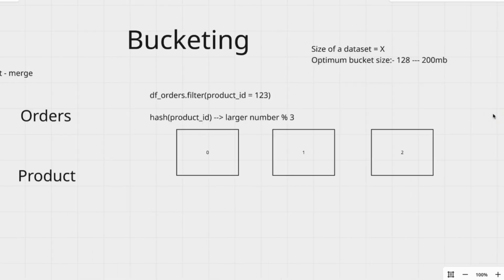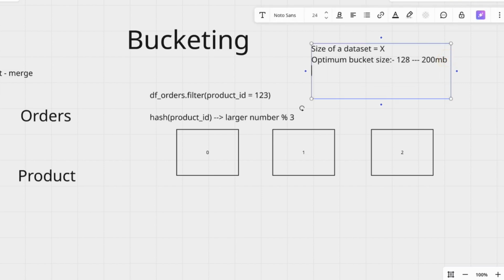Now our biggest question is how to decide on the number of buckets. There is a formula for deciding on the number of buckets. First of all, there is the size of the data set. For example, your orders table has a size X, and the optimum bucket size decided by Spark is 128 to 200 MB.